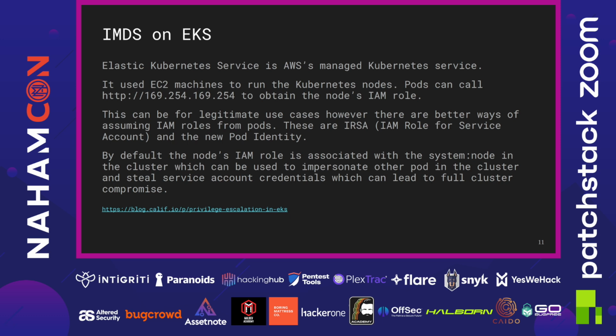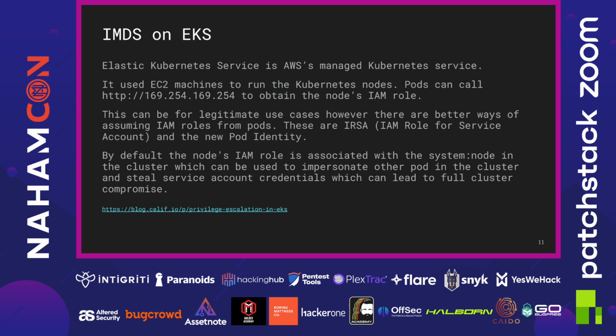However, there are better ways of doing this through IRSA, which stands for IAM role for service accounts. And also there is a new authentication strategy for AWS and EKS integration called pod identity, which is way more secure than just giving permissions to the node role and assuming that from the pods.